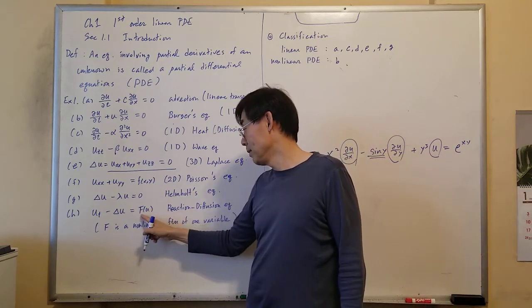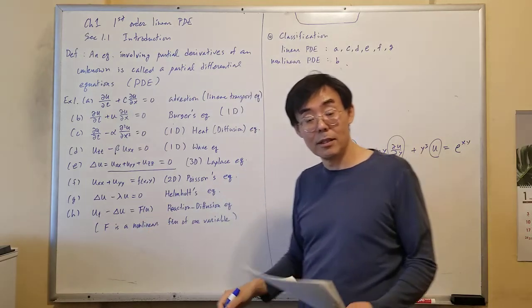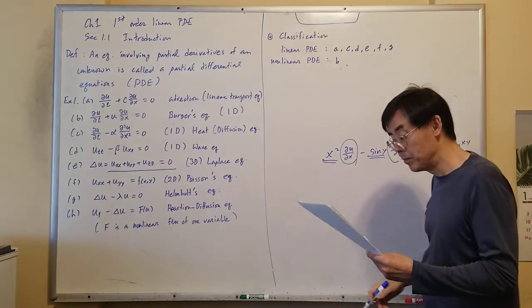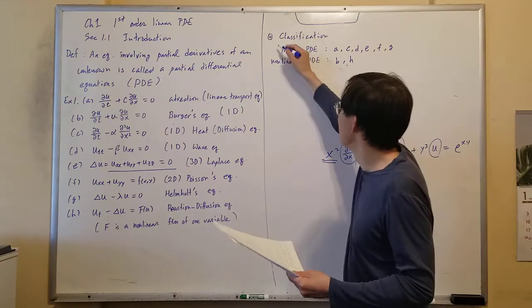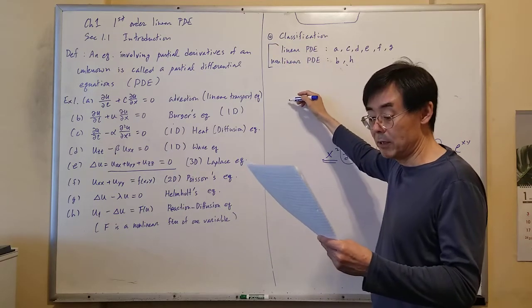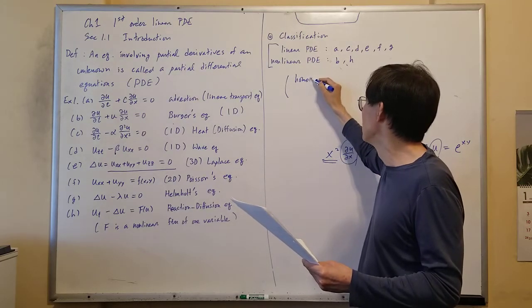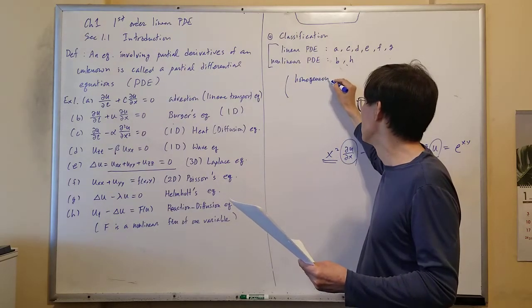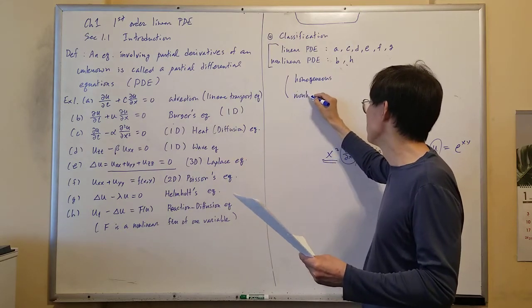H is not, because your capital F is a nonlinear function of u here. Okay? u is in B, and H is nonlinear. Among the linear PDEs, there are homogeneous or non-homogeneous ones.